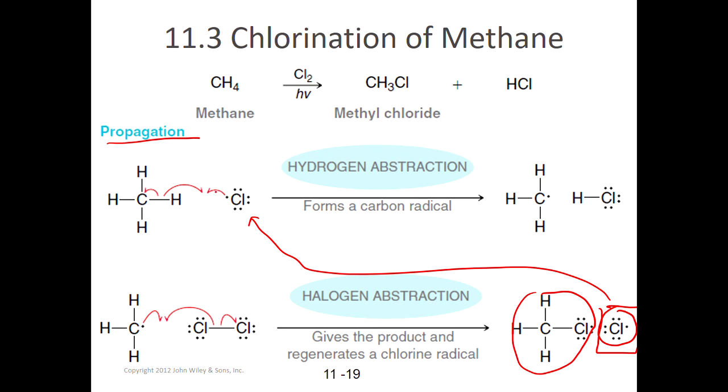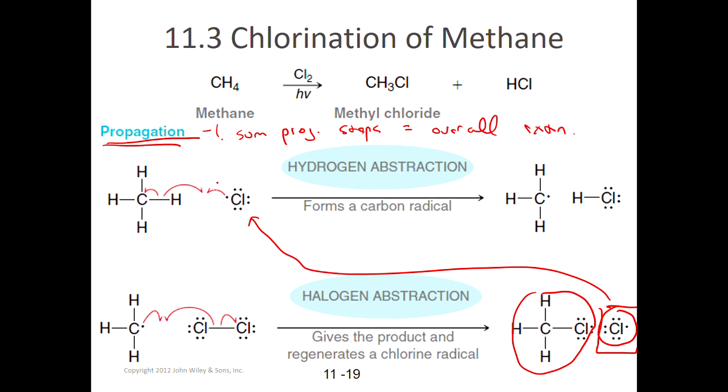So what is the actual definition of propagation? So there's a few criteria that have to be met for steps to be part of the propagation process. And one of those is for the sum of the propagation steps to equal the overall balanced equation for the overall reaction. And so that's what's happening here.